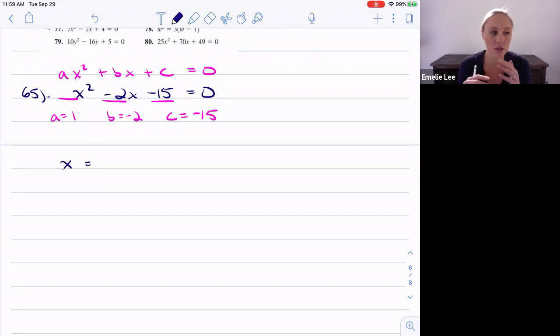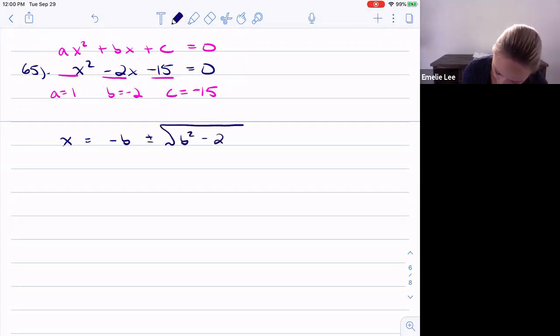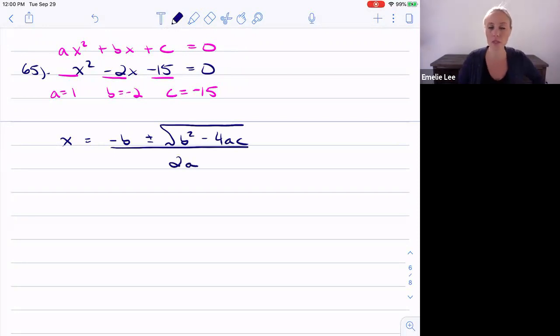You don't have to, but definitely during a test or even during assignments, make sure you have the quadratic formula ready because it's going to be used a lot. So x is -b plus minus the square root of b squared minus 4ac, divided by 2a.